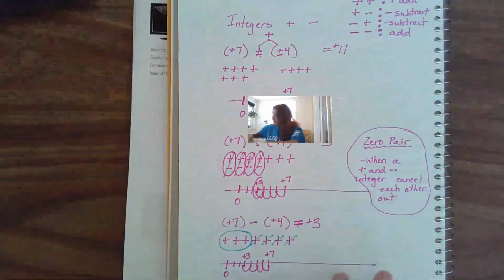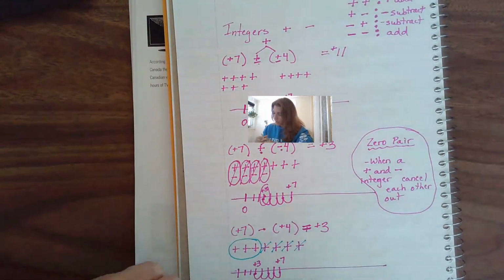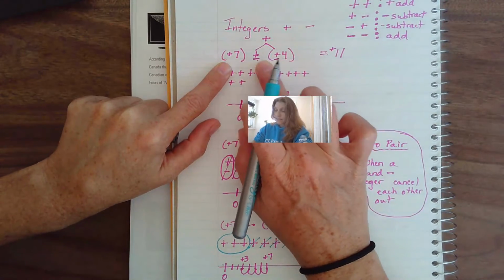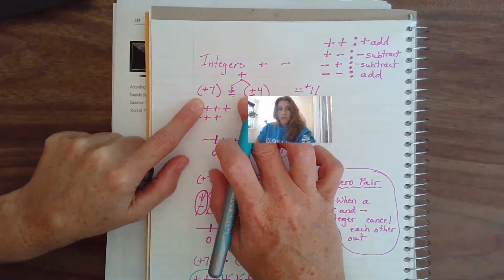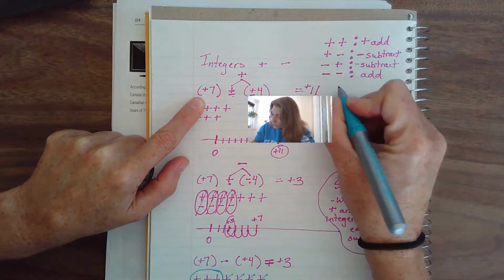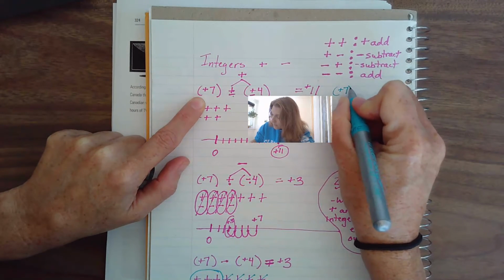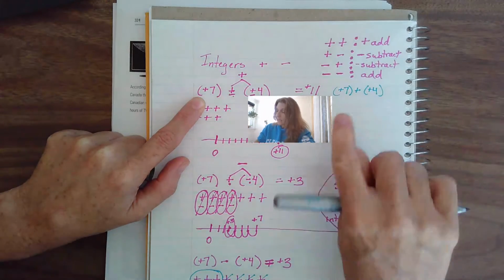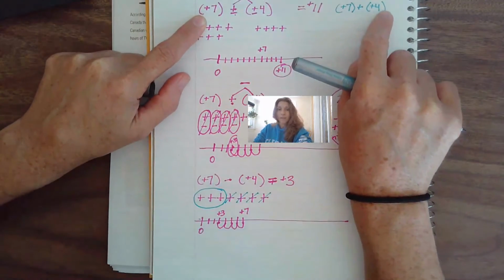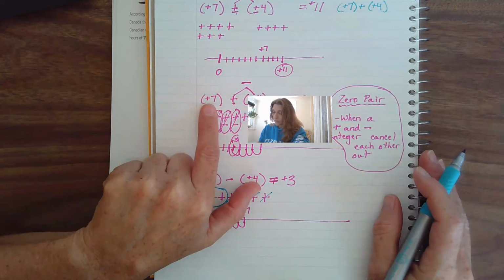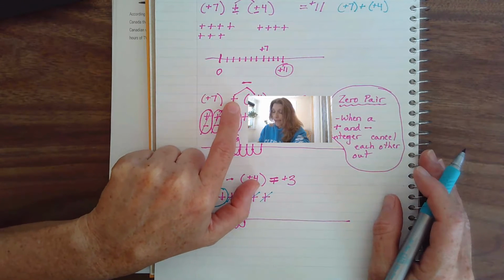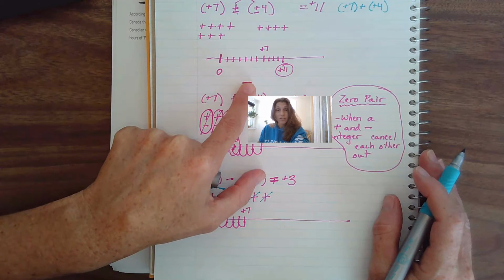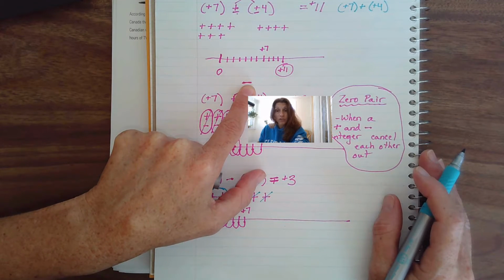Okay? And actually, I should rewrite those beside them so you can see the difference. These two positives change this question into positive 7 plus positive 4. It's all the same. 7 plus 4. Here, adding a negative changes this question into subtraction.